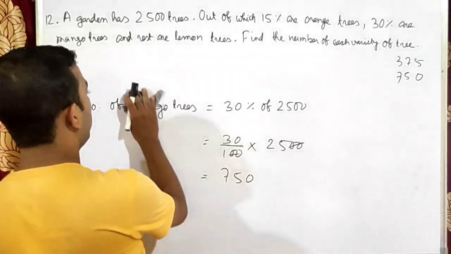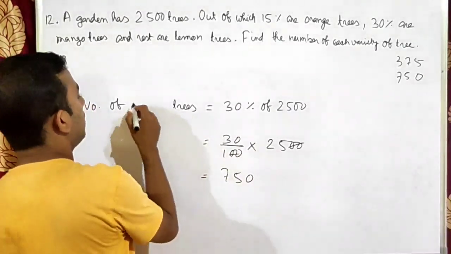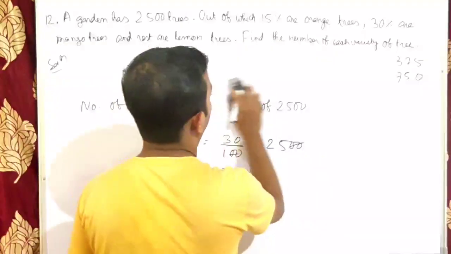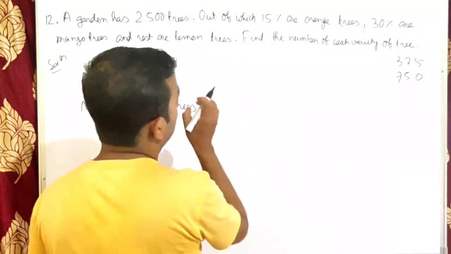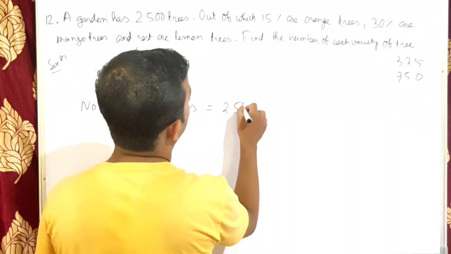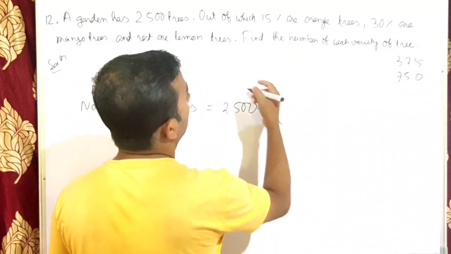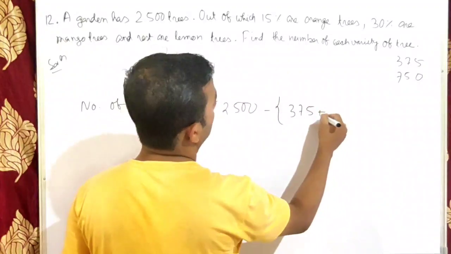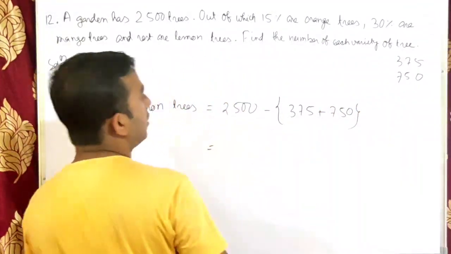So write number of lemon trees equals 2500 minus 375 plus 750, isn't it?